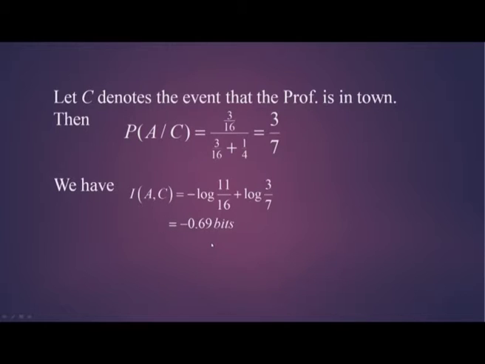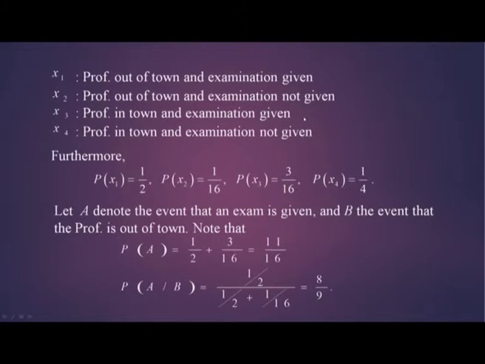Let C denote the event that the professor is in town. Then probability of A given C will become probability of A intersection C divided by probability of C. Now, probability of C is the probability that the professor is in town, and if we see the cases, professor is in town in two cases, x3 and x4.